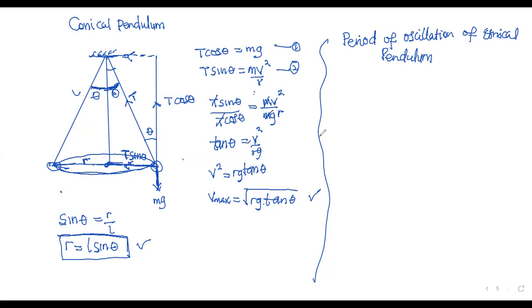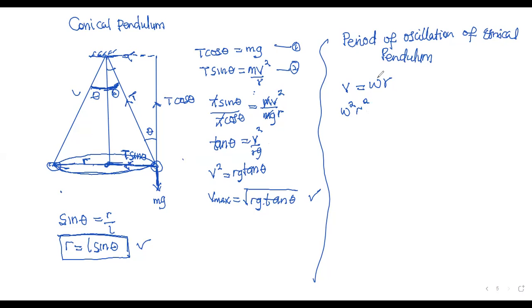The square of velocity. From linear motion, we've seen that v is equal to omega r. So if we take omega squared, when we substitute, we have omega squared r squared.